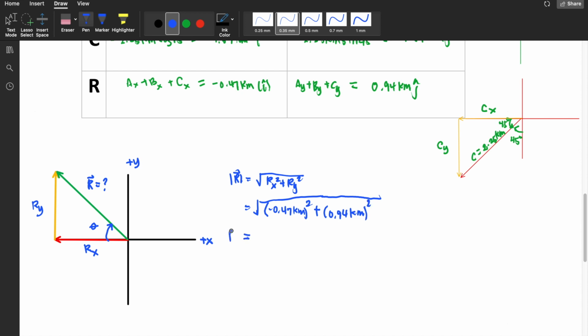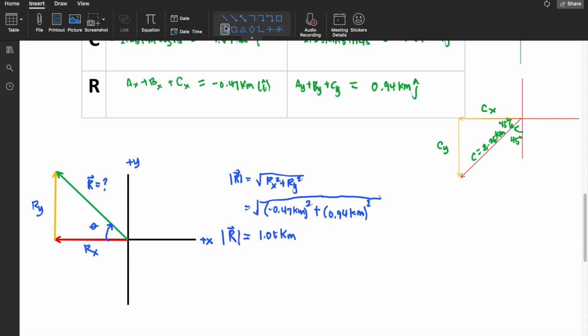So its magnitude is simply equal to 1.05 kilometers. Okay, that would be its magnitude.